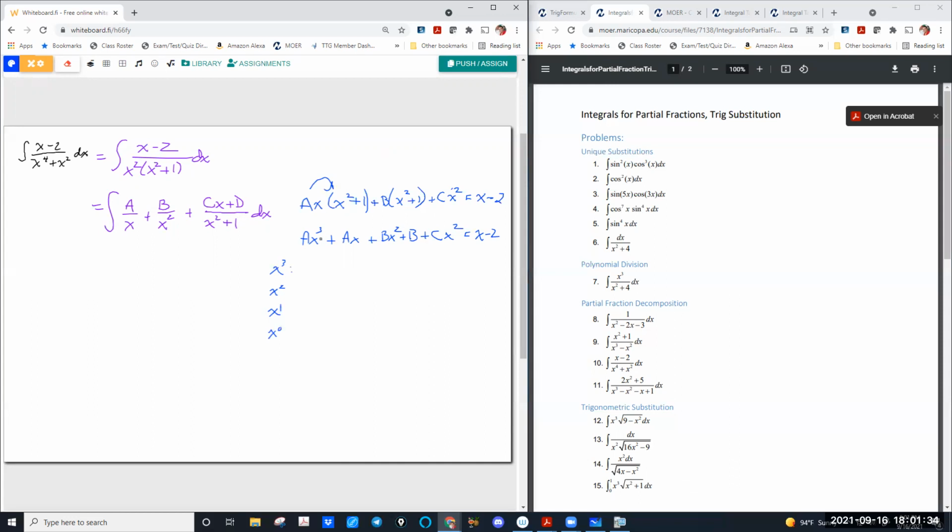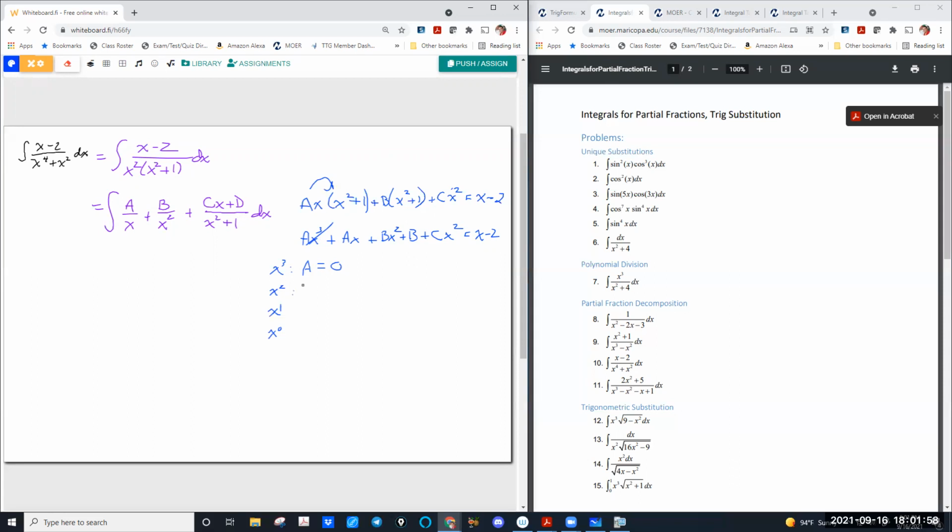All right. So right here, this actually makes it kind of easy. A equals all the x cubes. That's the only x cubed term. There's no x cubed over here, so A equals 0. So that actually goes away really quickly, which means this term is going to be gone when we rewrite this thing. That happens.